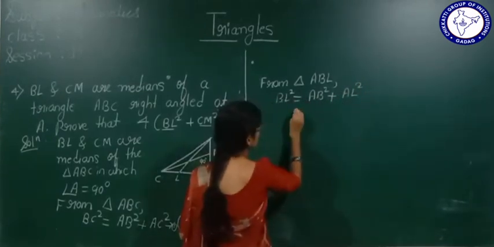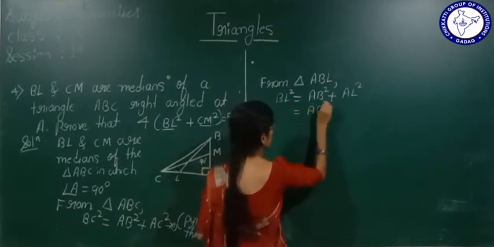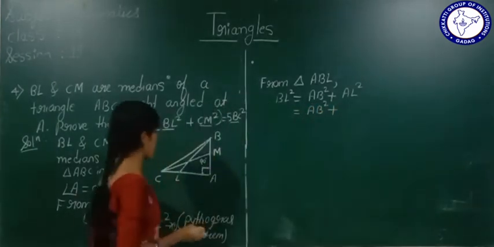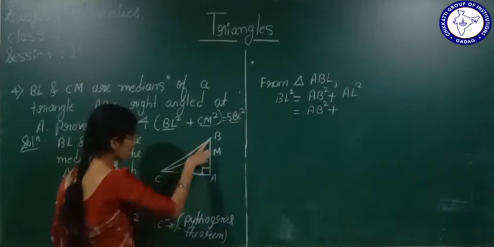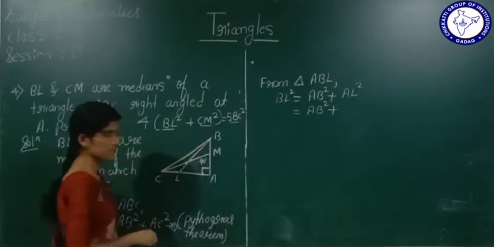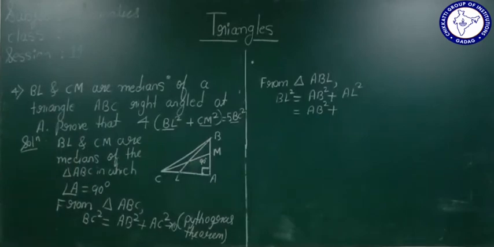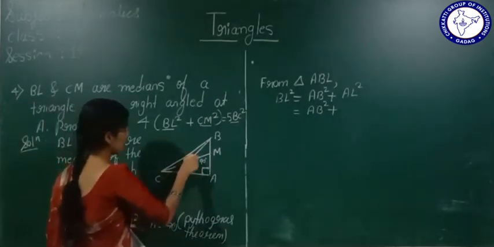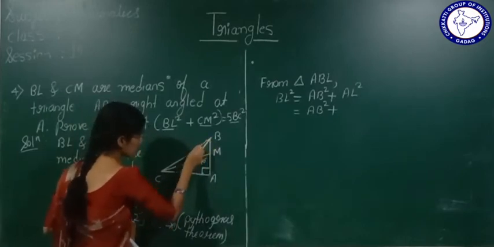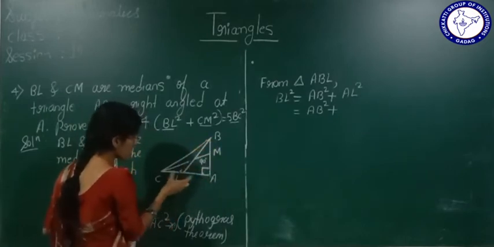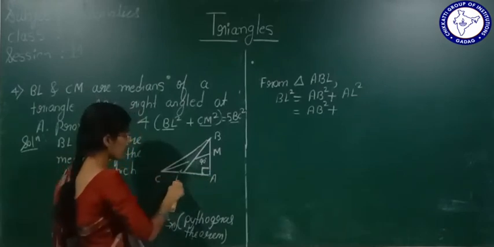Now see here, AB square plus AL square. They have given that BL is a median. Median means this length and this length are going to be equal.